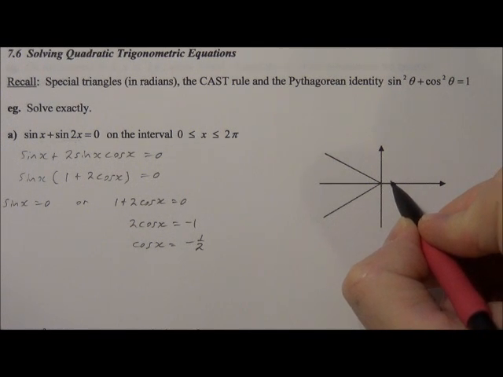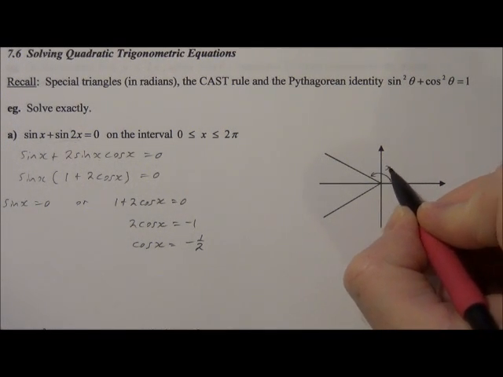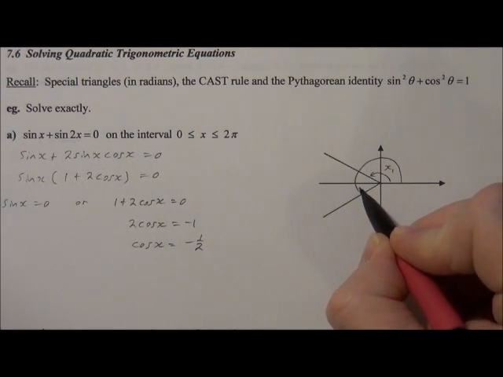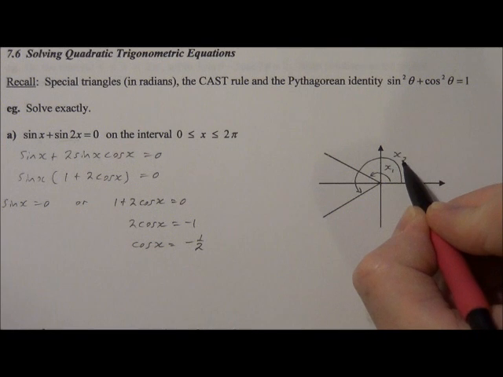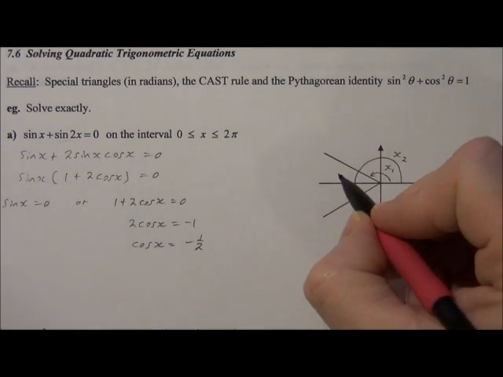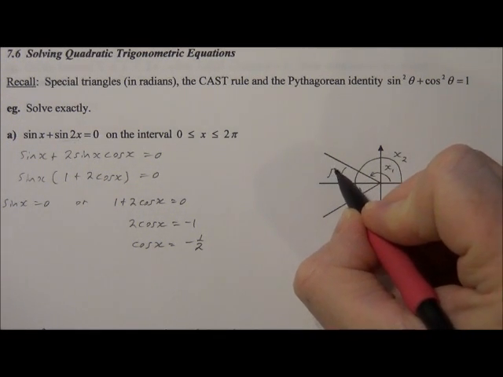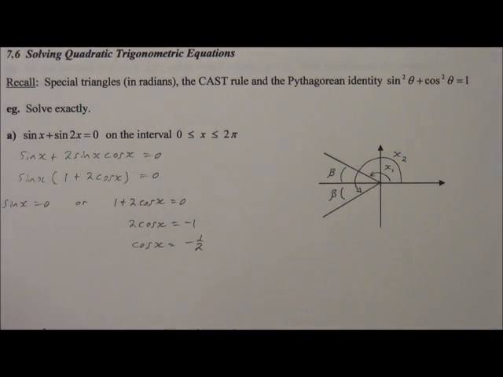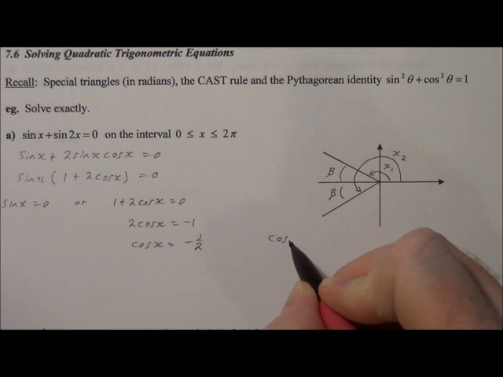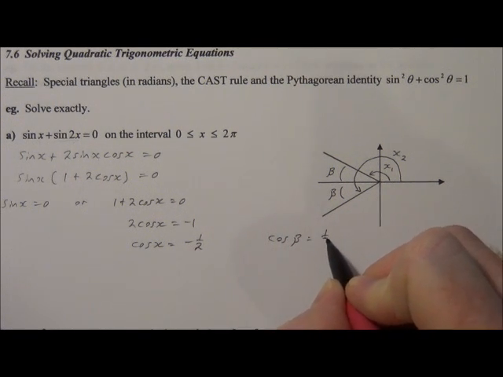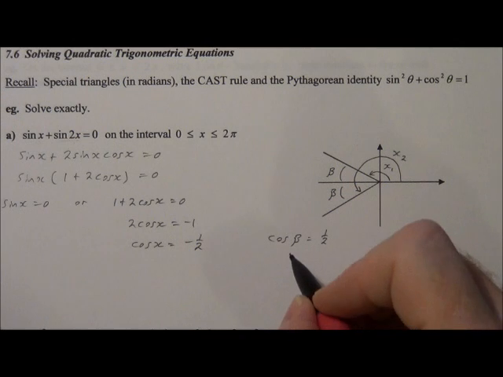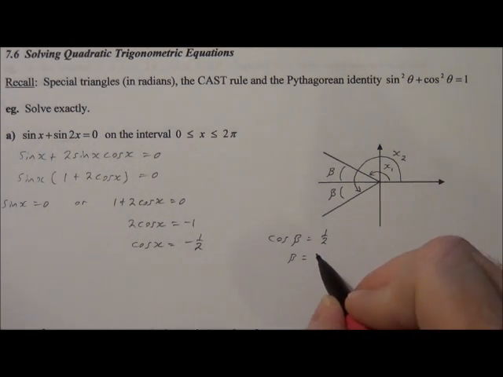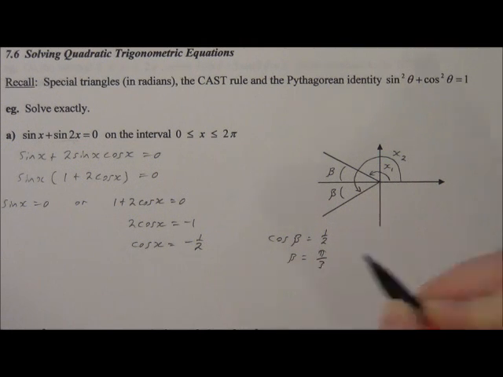So here is x1, here is x2, and this of course is our related acute angle beta, and this is also the related acute angle beta. So now we look at cosine of beta equals 1/2, and from the special triangles we see that beta would be pi by 3.